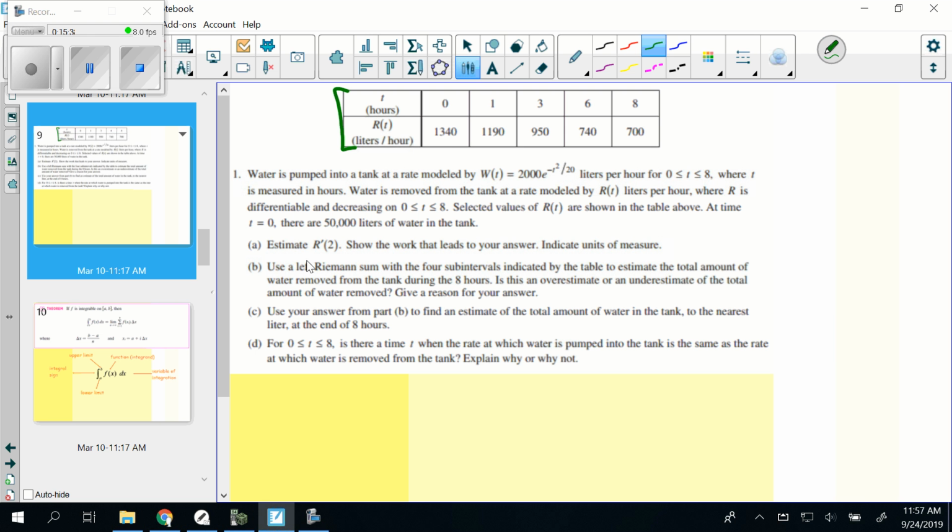Notice we don't have 2 hours up here. Two would be somewhere right in the middle there. So the best way to estimate this would be to use the two values right around 2. Remember, derivative finds slope or rate of change, and so the best way to estimate part A here would be to do just a little slope formula with rate of change.